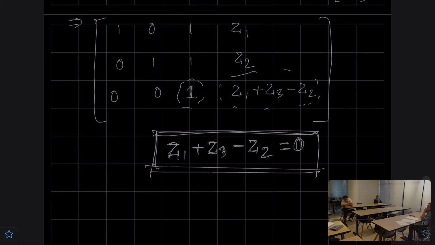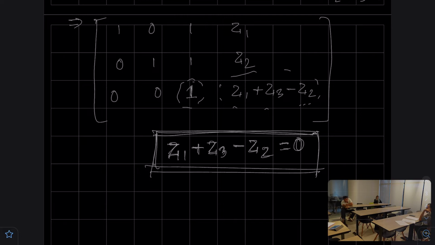Let me comment on this situation. To understand it a little better, you can choose Z1, Z2, Z3 to be some complex numbers. Suppose you choose Z1 to be i, Z2 to be i, and Z3 to be minus i, or something else, so that you have a non-zero complex number on the right hand side of the third row. If the leading one were replaced by 0, the reduced matrix tells you that 0 times C1 plus 0 times C2 plus 0 times C3 is equal to that complex number.